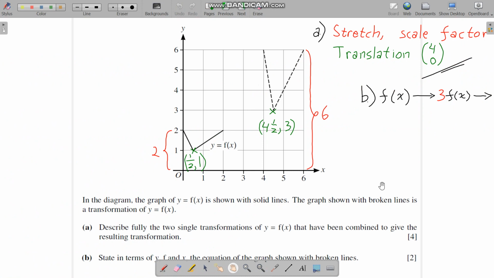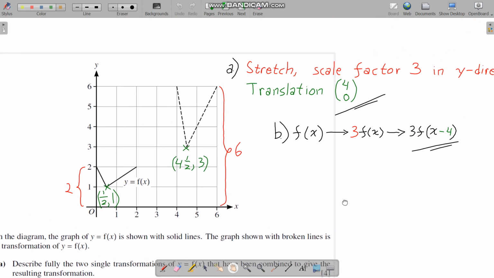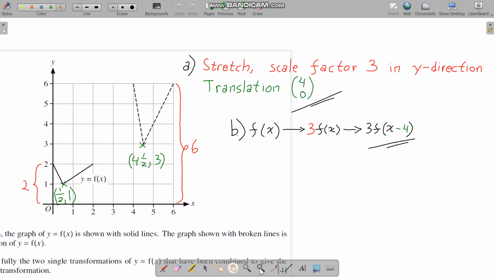In the diagram, the original graph is solid and the broken one is a transformation. Describe the transformation. Okay, so you see we have the original graph, and you can use this point from the x-axis: now it's here, so from the x-axis 3 times, so 2 times 3 is 6, 3 times taller.